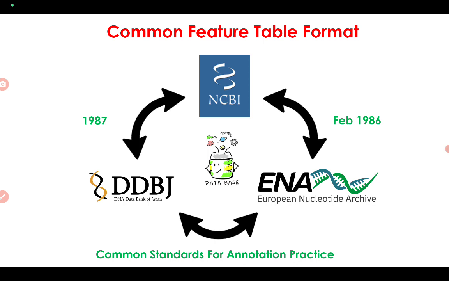So as I earlier told you, these 3 databases met together in 1987 when DDBJ joined. Then they said there should be a common feature table format that gives complete detailed information about that particular sequence, and they agreed that there should be a common format, a tabular file format.